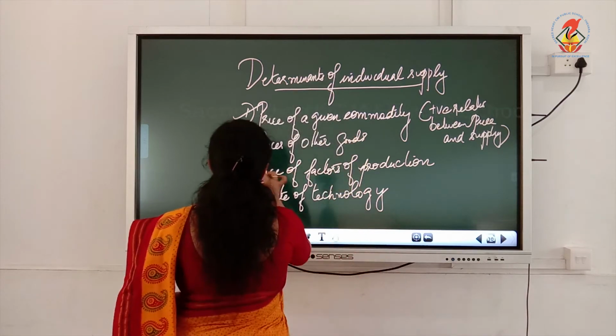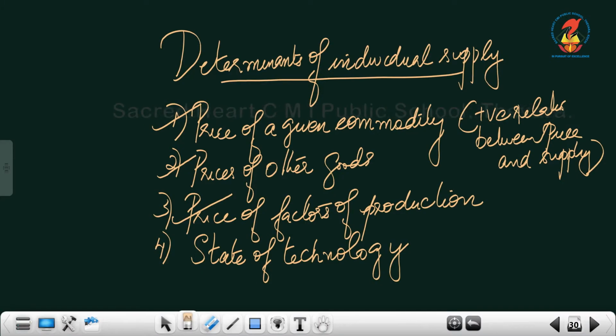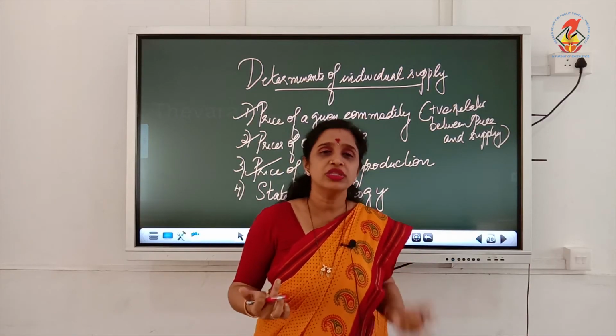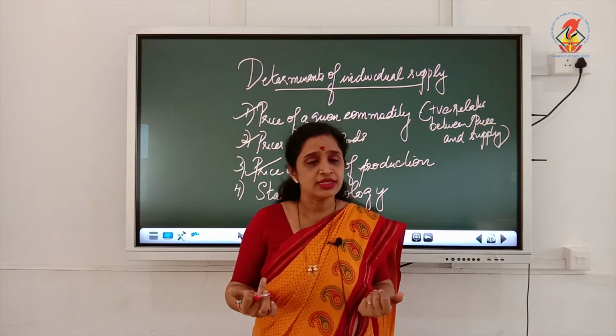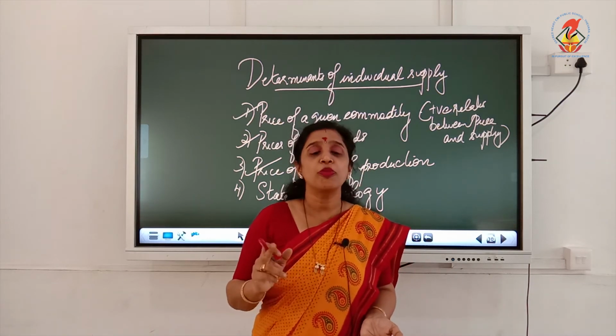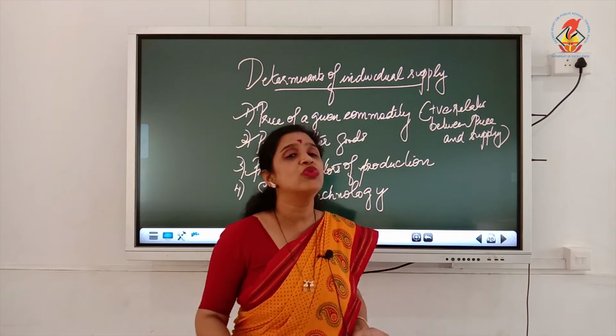Next is prices of factors of production. You know that for the production process to take place, so many factors are required, like land, labor, capital, organization, raw materials. For producing certain commodities, all the commodities, we need raw materials, isn't it? If the prices of raw materials are very high, it is not profitable for the producer to supply more in the market.